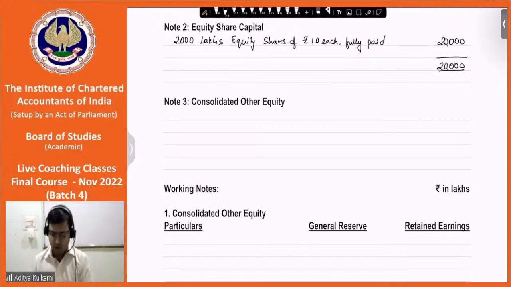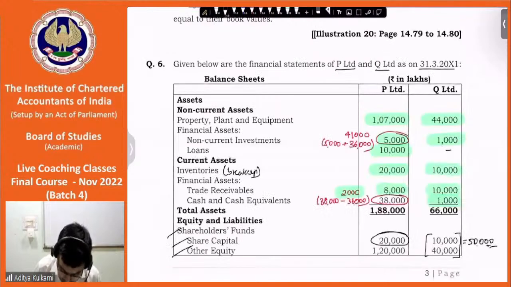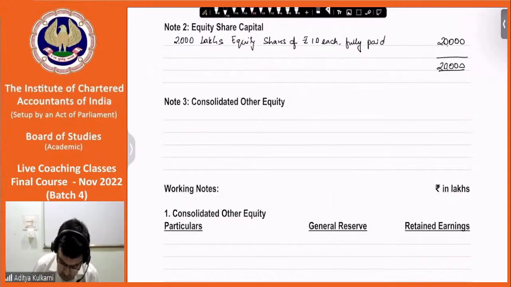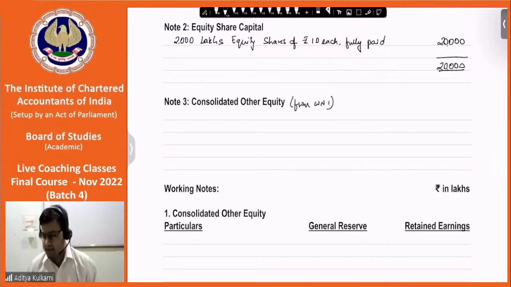So now I have considered this 20,000 also. Now we move on to the next part. Consolidated other equity. This is going to come from working note 1, so we will populate it later on.